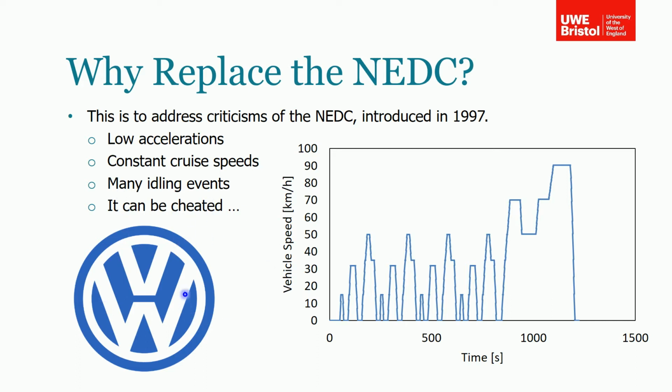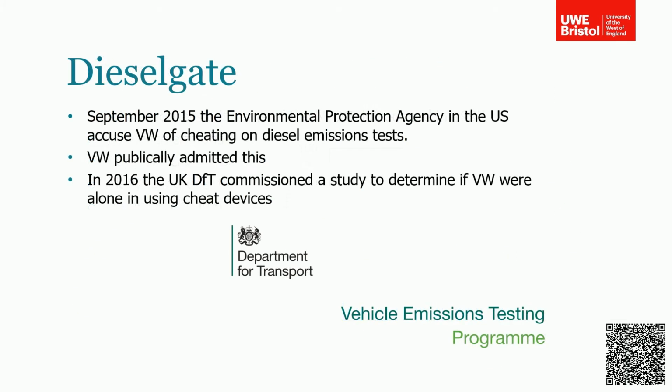Okay, and obviously this VW scandal wasn't the reason this test was changed. They were in the process of changing it, but I think it increased the urgency to replace this cycle. So it's probably worth spending a little time talking about what happened with so-called Dieselgate.